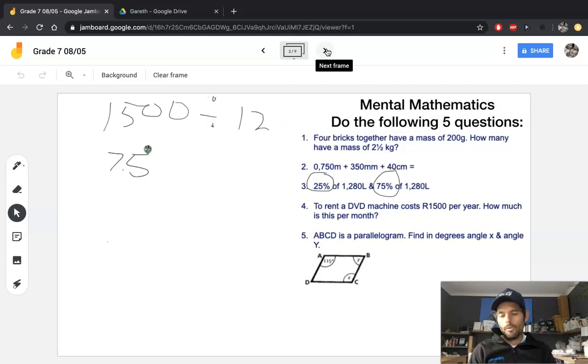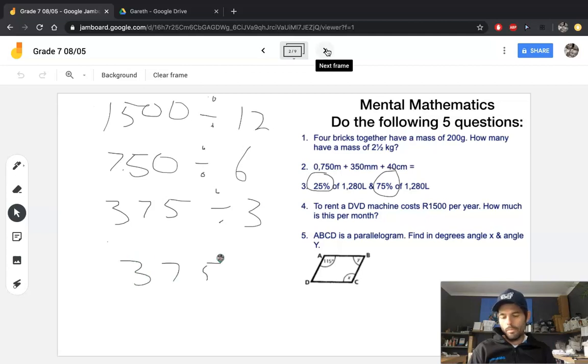Okay, so remember, if we do the same thing to the dividend and the divisor, our answer remains the same, and I can halve them again, and now I've got a much easier short division sum, and you can work that out using this method, and that will give you 125 Rand. Okay, so it's 125 Rand per month to rent the DVD machine.